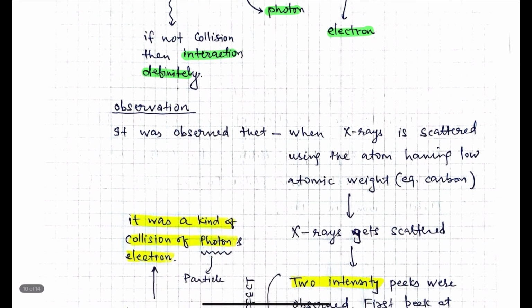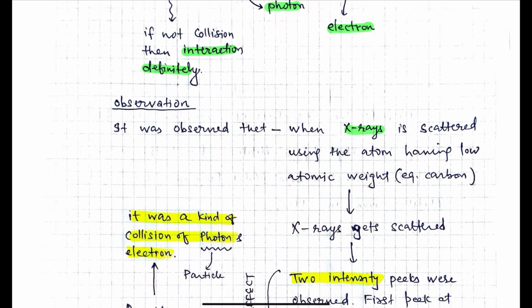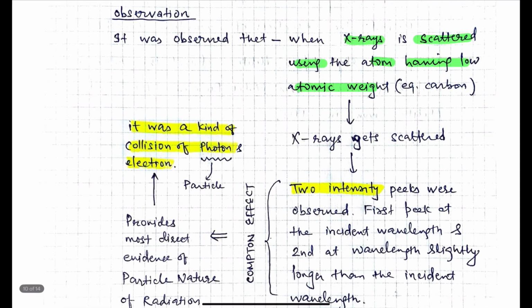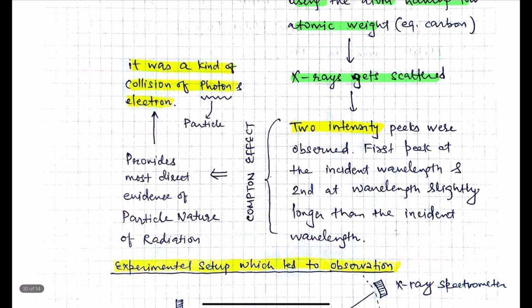So the observation was that when X-rays are scattered using an atom of low atomic number, something like carbon, then the X-rays are going to get scattered, and when you observe, you will find that there are two intensity peaks.